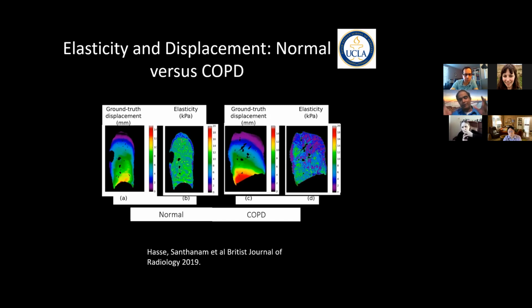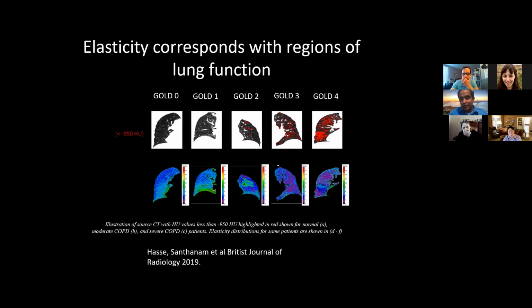And so every patient has their own distribution of elasticity that indicates what is going on underneath, and how accurate are these. We did an entire paper to show that we can look into different classes of COPD damage. They are now given by gold standards, GOLD 0 being no damage, and GOLD 4 being severe COPD damage.